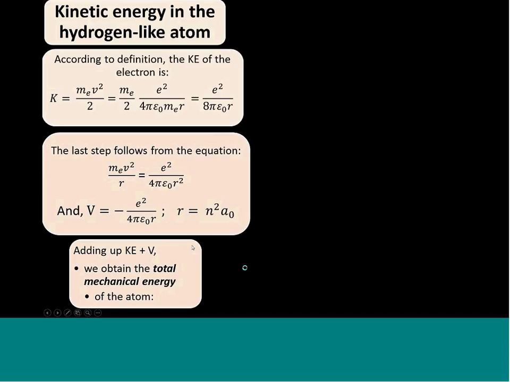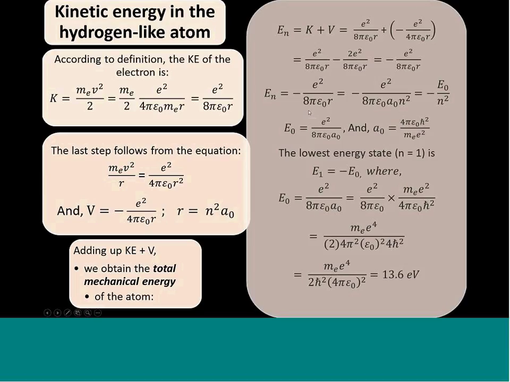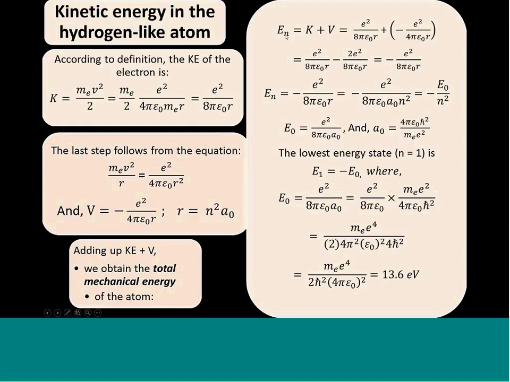Kita add up, kita tambahkan 2 tu. K tambah dengan V untuk dapatkan total mechanical energy. Okay, panjang sikit. Equal to K tambah dengan V. So K ni yang kita dapat ni tambah dengan V. Jadi you letakkan dia punya negatif kalau tak dapat dia punya equation.